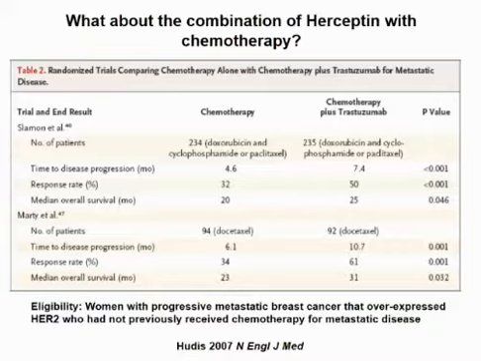And this was a big story in the New England Journal of Medicine, and the eligibility for this was very nasty, progressive, metastatic breast cancer with HER2 overexpressed, who hadn't previously received chemotherapy.